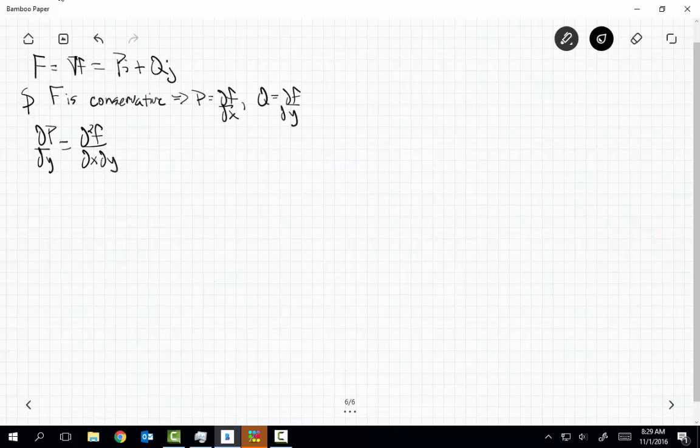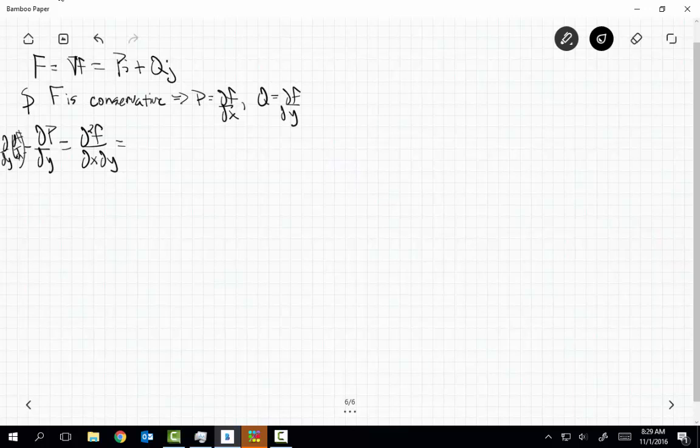This is equal to the partial with respect to y of df/dx.